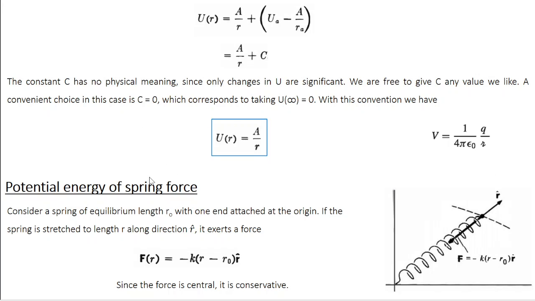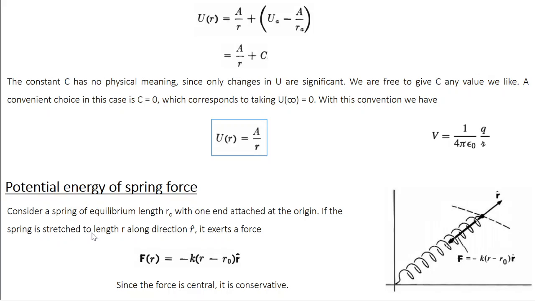Let's also discuss potential energy of another common type of force known as the linear restoring force or the spring force, because many a time we encounter this kind of force in physics problems. So consider a spring of equilibrium length R0 with one end attached to the origin.